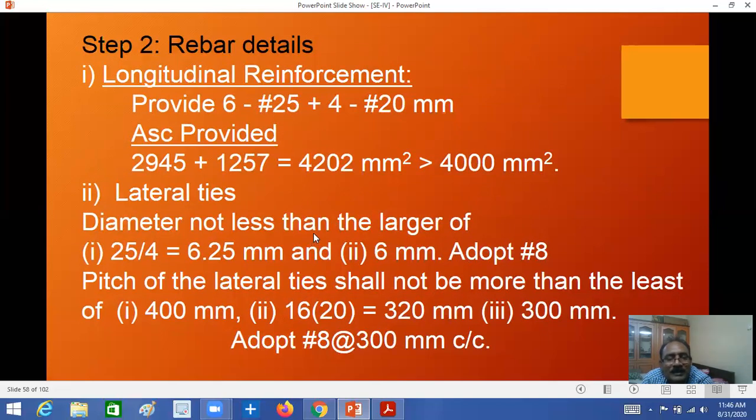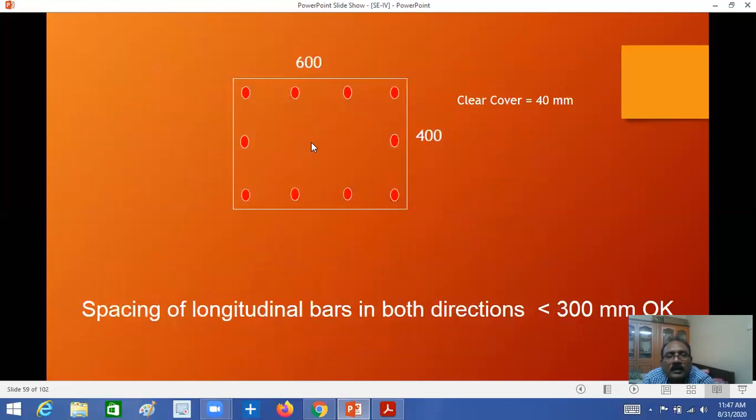So provide 300 mm. So the tie bars we calculated: lateral ties adopt 8 mm bars at 300 mm center to center. This way you have to calculate.